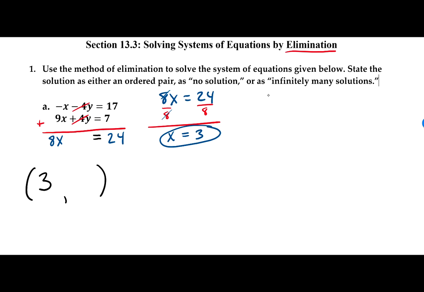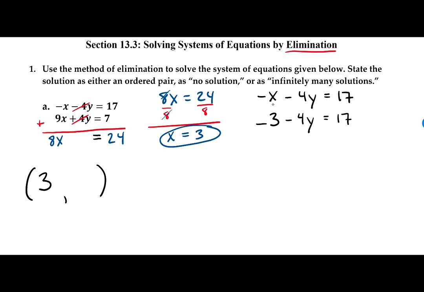So if we take that first equation, which is negative x minus 4y equals 17, you could just as easily use the second equation. It doesn't matter. Well, now we know that x is equal to 3, so we could replace that x with a 3. So negative 3 minus 4y is equal to 17.